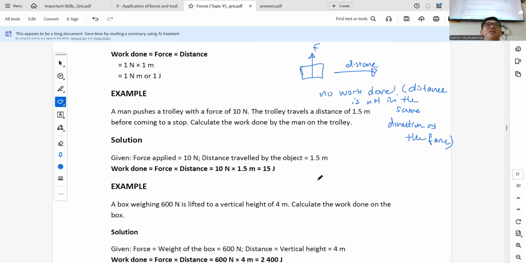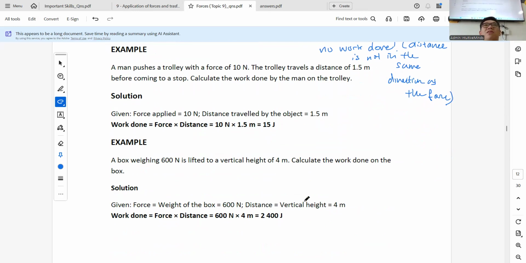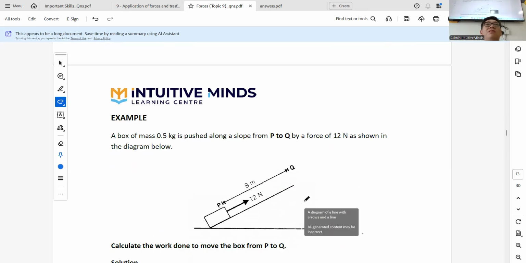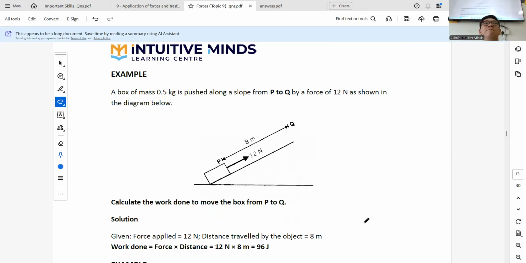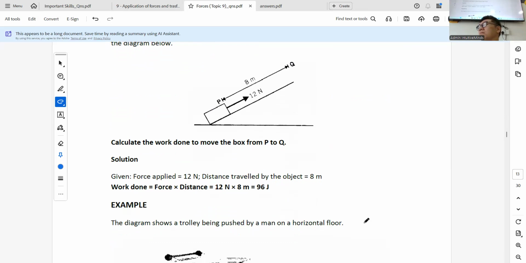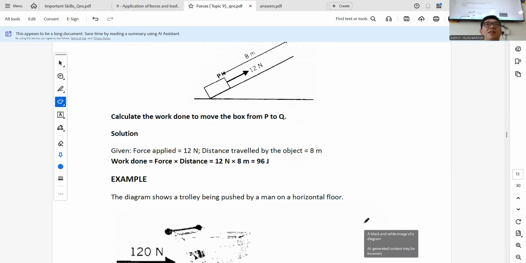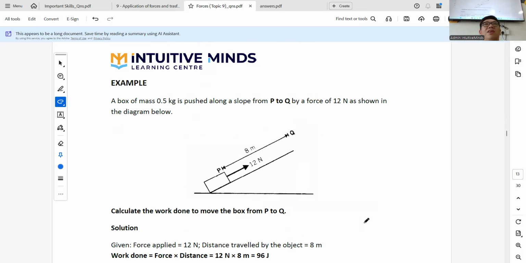Okay, the rest here is an example of how to calculate work done, but we covered that already, so you can read on. What in the world is that? Okay, so this one is also interesting.